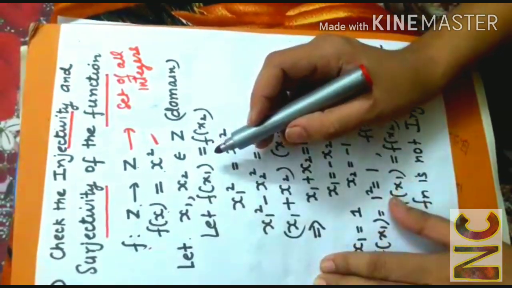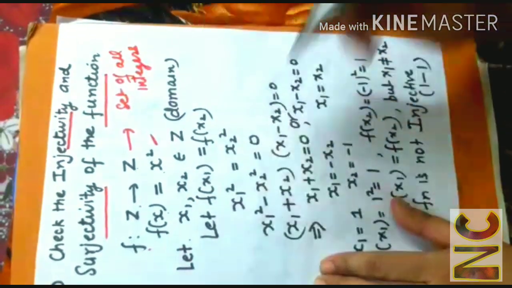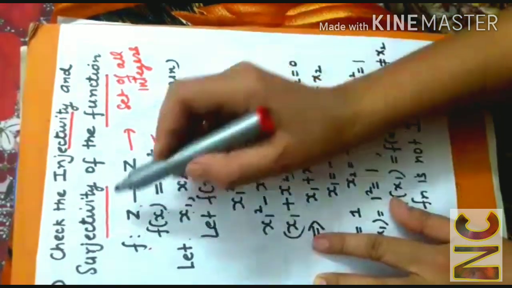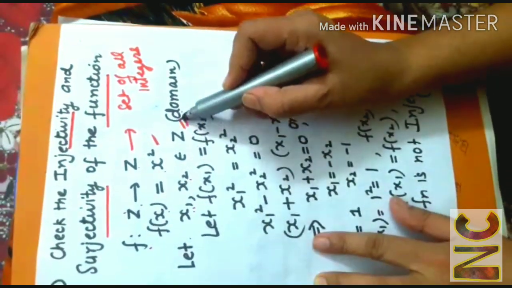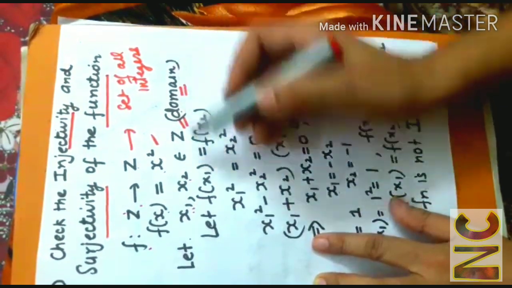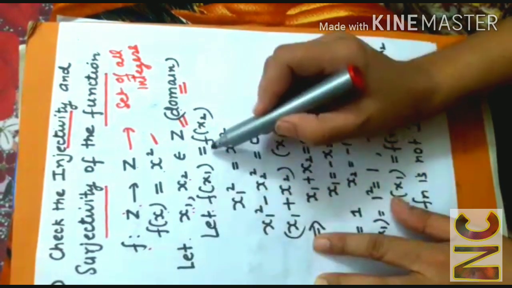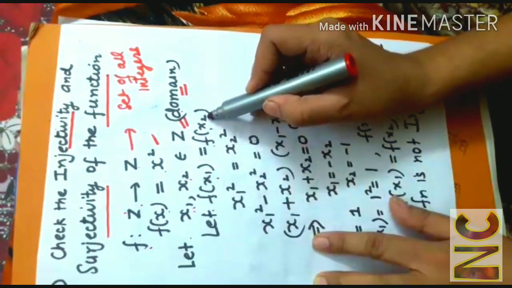Now first I will check whether this function is one-to-one or not. I'll take two elements in the domain, that is Z. So x1 and x2 belong to Z, the domain. I'll take that their images under the function f are equal. So f(x1) is equal to f(x2).